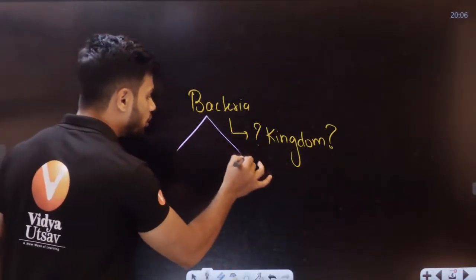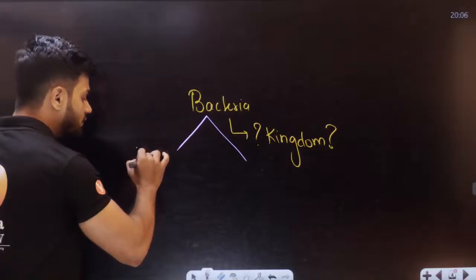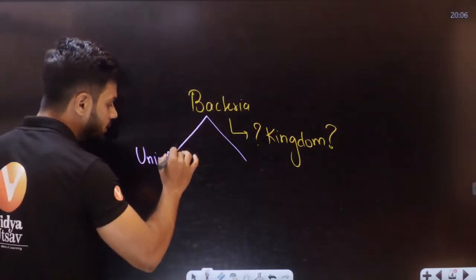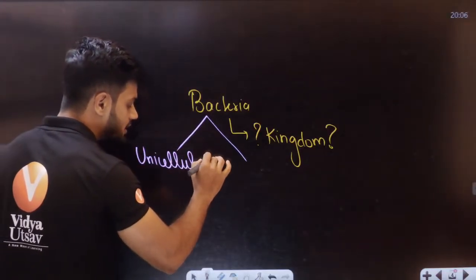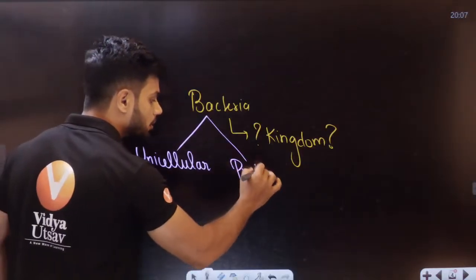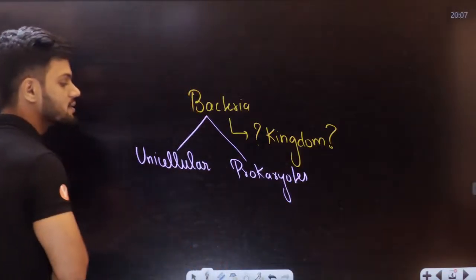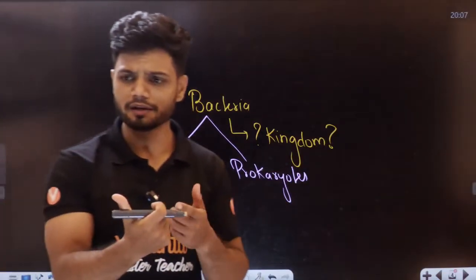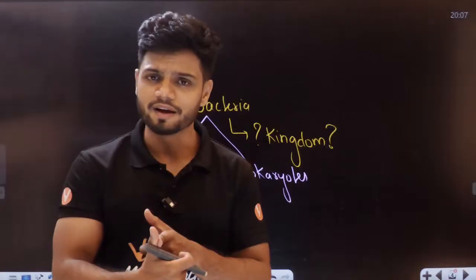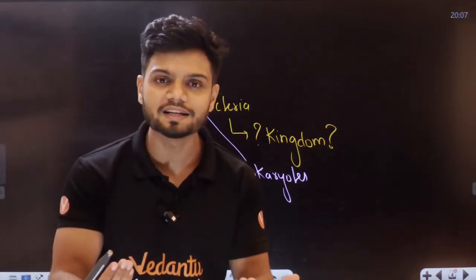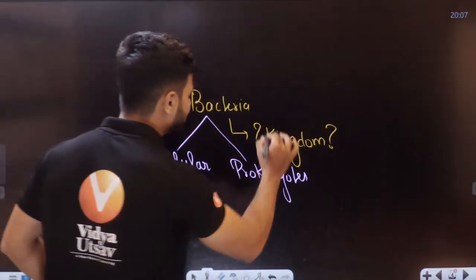Bacteria belongs to a kingdom where we find unicellular organisms and we find prokaryotes. Anyone, students? Here we find prokaryotes and unicellular organisms. That is kingdom Monera, students. That is nothing but kingdom Monera.